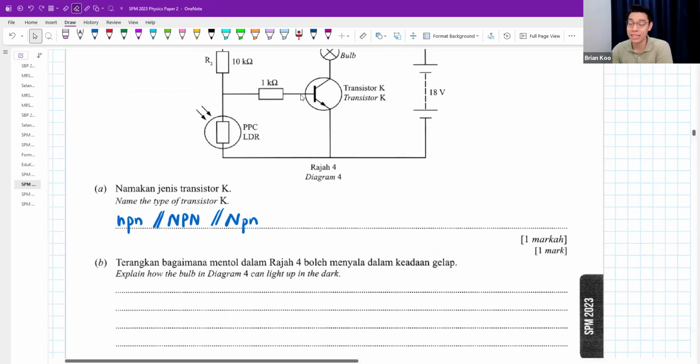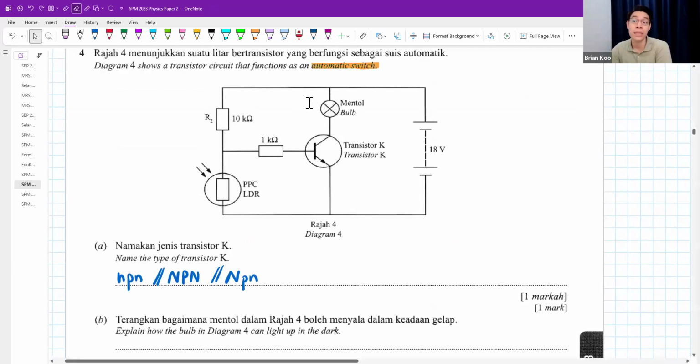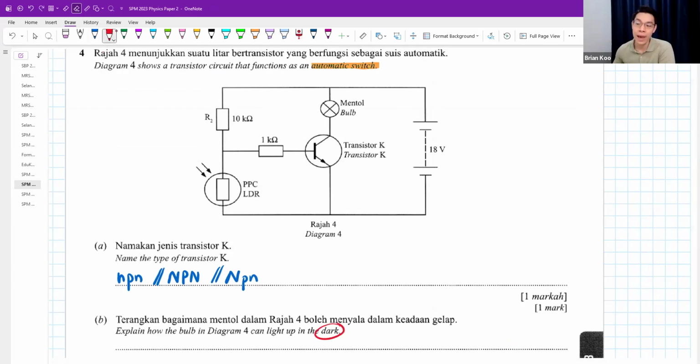This concept is something that is difficult for many people. You have to know one thing at first, that when it's dark, the resistance of the LDR is going to drop. I always tell my students, if it's cold or nighttime, meaning dark, resistance always drops.